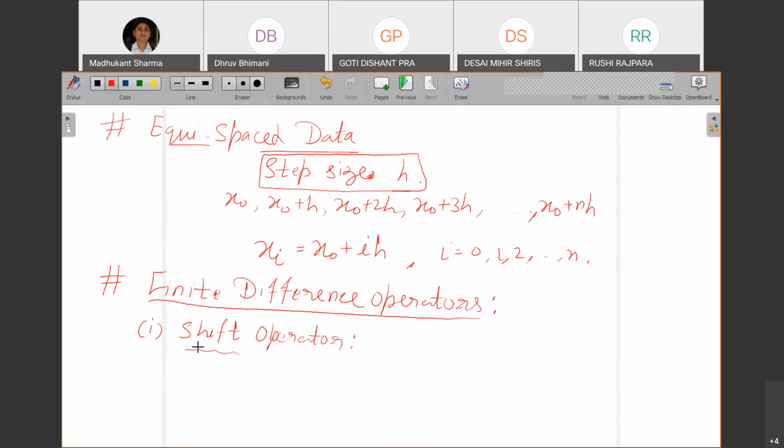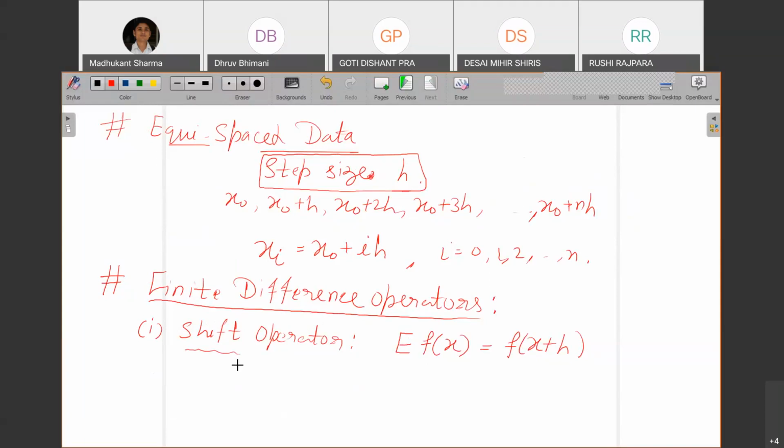We denote it by E, which acts on f at x. If you give the input f at x, it will give you the output f at x plus h, where h is the step size. So E f of x is f of x plus h.